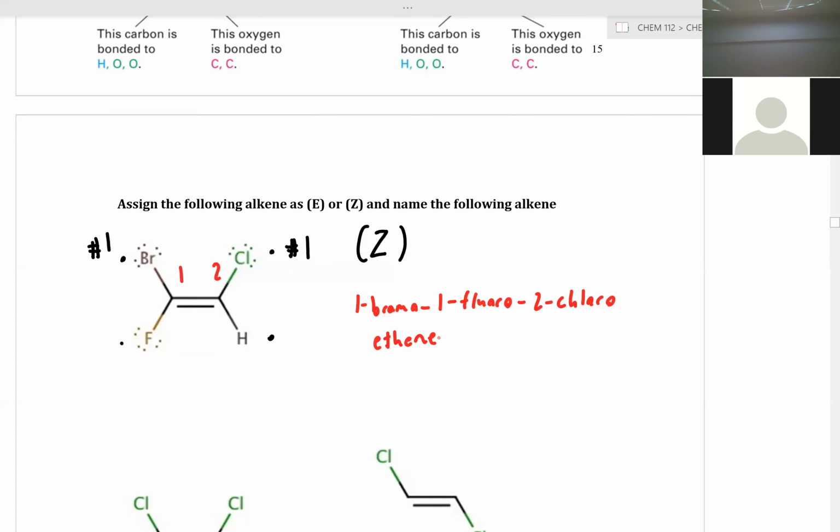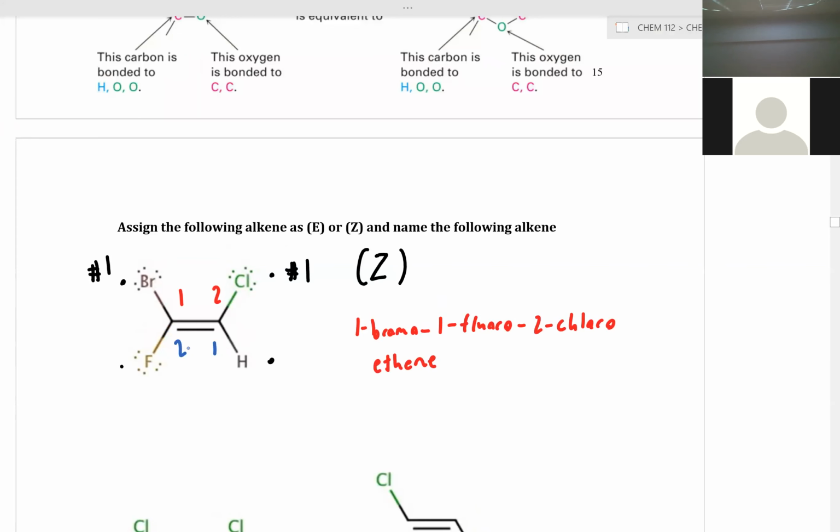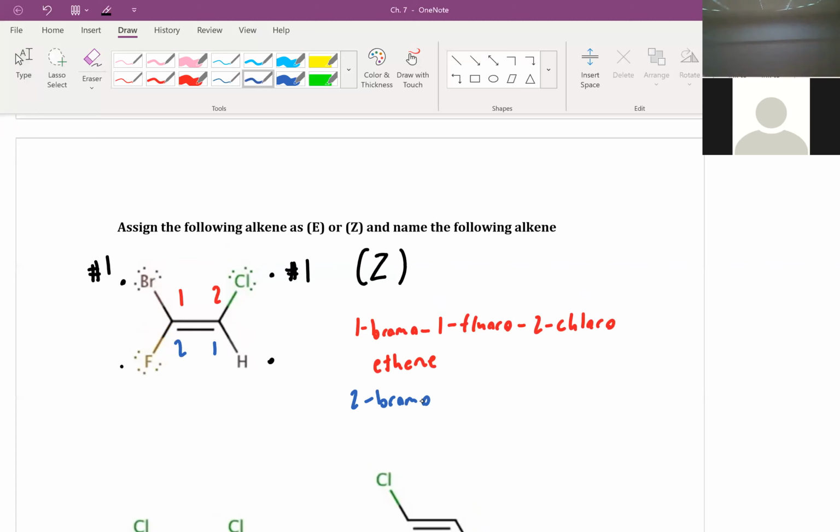We don't have to say 1-ethene because if it's ethene, there's only one possible location for the alkene, right? There's only 2 carbons. Alternatively, we can name this as 2-bromo. Whoops, sorry. In the first name, I made a slight error.